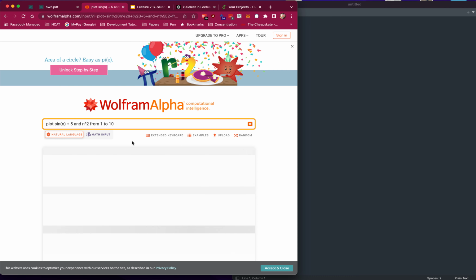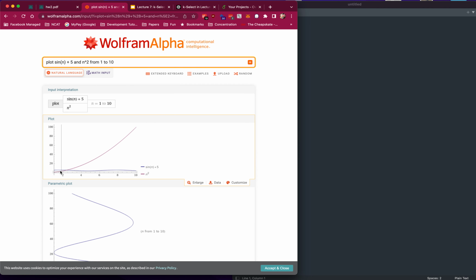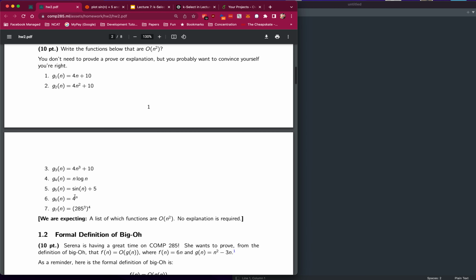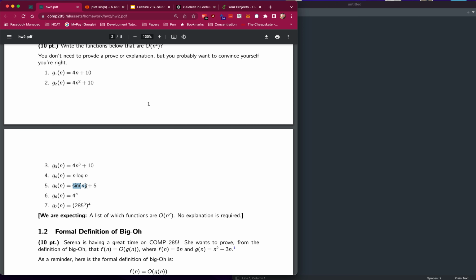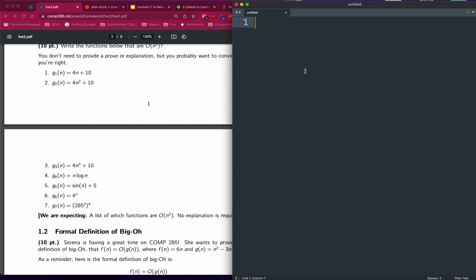If you plug this in, you'll see that the sine function is bigger than n squared at the beginning, but sine is essentially bounded above by 1, while n squared goes on to infinity. So it should be pretty clear that sine of n is big O of n squared, because sine of n is smaller than n squared for big enough n.